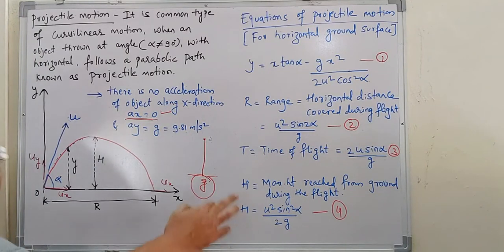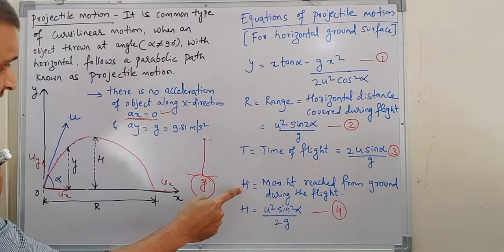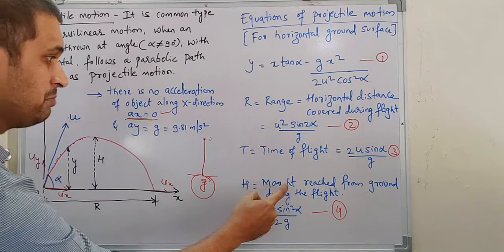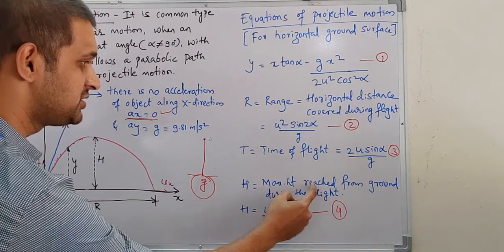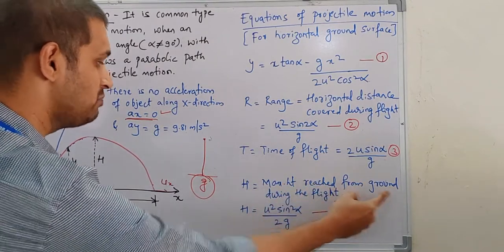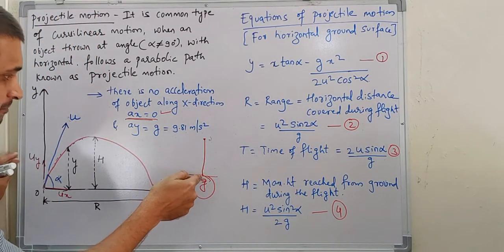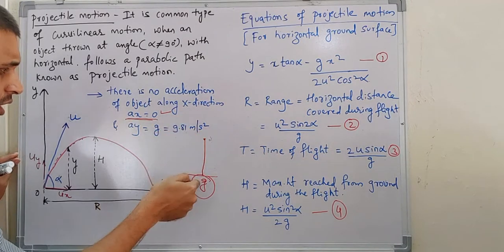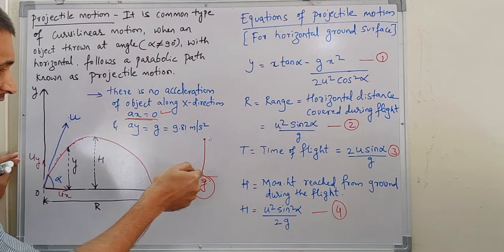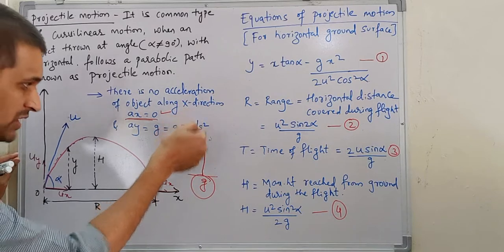Next entity is h. H is the maximum height reached by the particle from the horizontal ground during the flight. Earlier we saw that when a particle was thrown vertically upward, it reached some peak height and then returned.